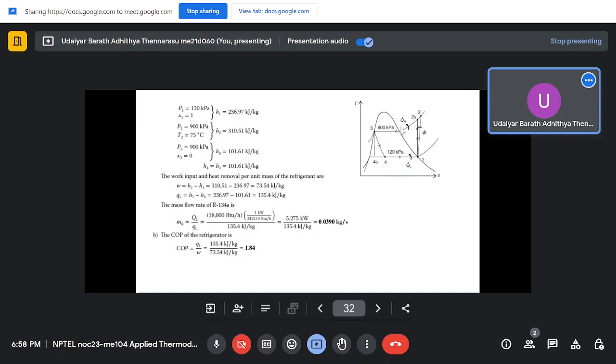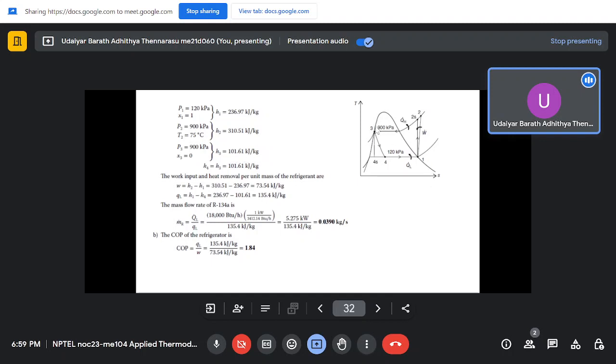From the R134A chart we can find the corresponding enthalpies. For 120 kilopascal and saturated vapor condition, the enthalpy is 236.97 kilojoule per kg. Similarly, at 900 kilopascal and 75 degrees Celsius, the enthalpy is 310.51, and the saturated liquid enthalpy is 101.61 kilojoule per kg.